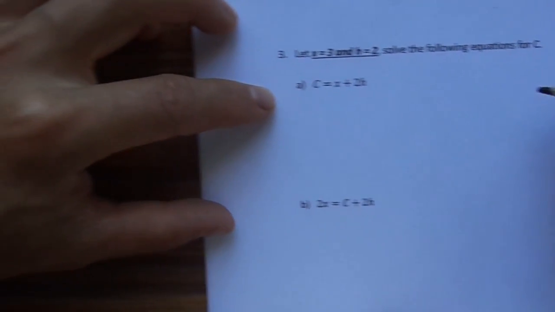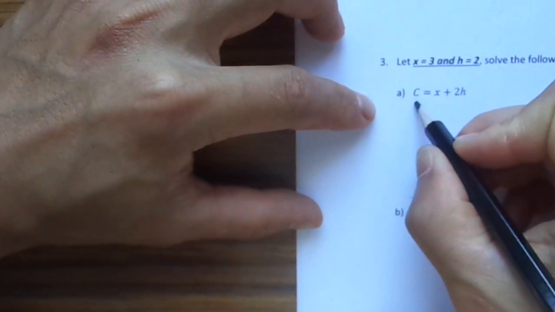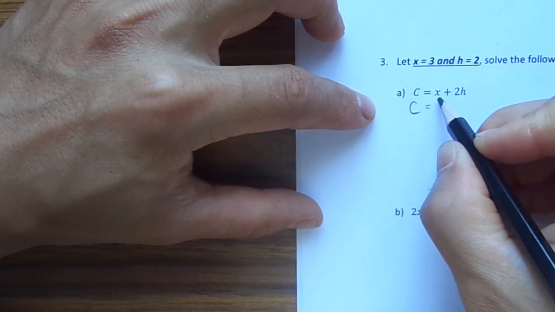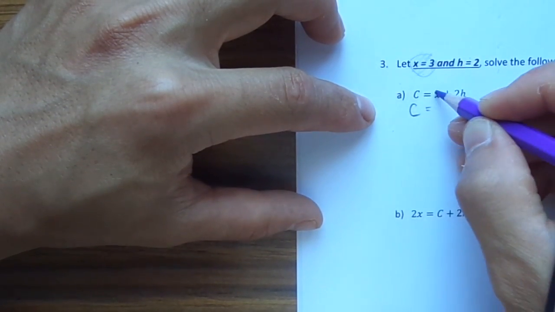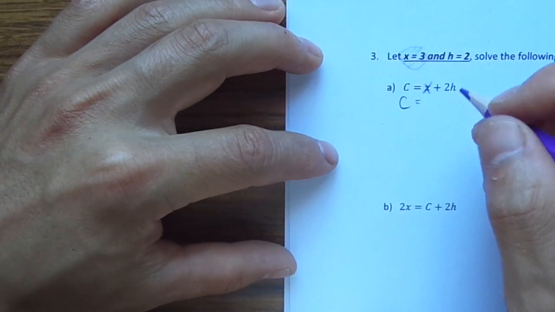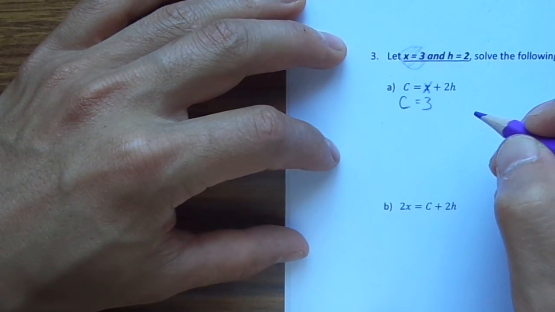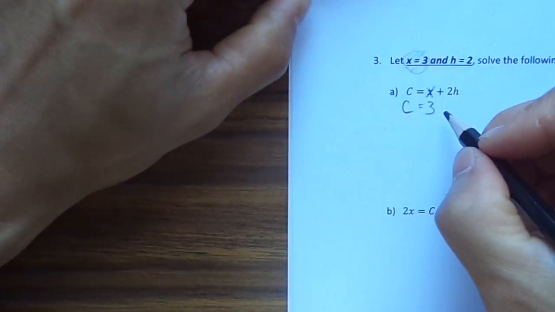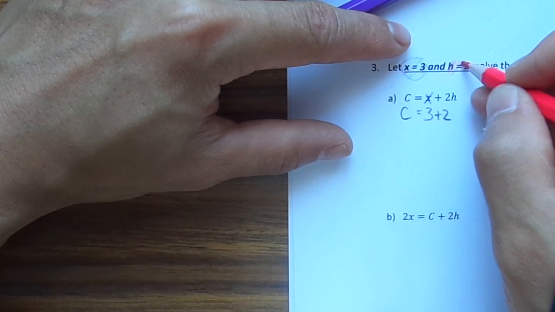So let me shift this over. So we know that we want to find C. Do we know what X is? We sure do. So I'm going to color this purple. So X is 3. So X is substituted by 3 plus 2. Now for H, I'm going to use red.